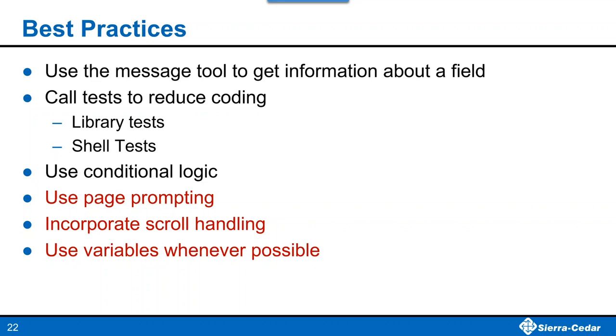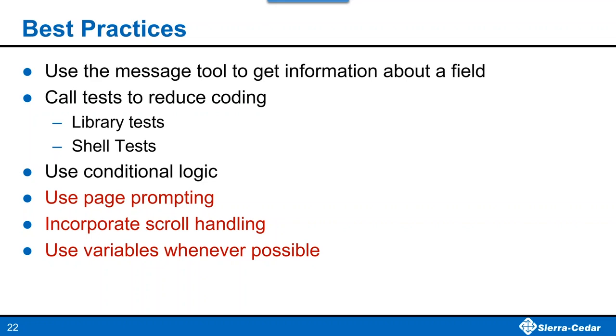Incorporate scroll handling. Many times, especially in Fluid, if you've ever worked with approval in Fluid, the approval page, depending on the approver, you may have different selections on the left-hand side. Sometimes they'll be in one position and sometimes another, depending on what selections you have.